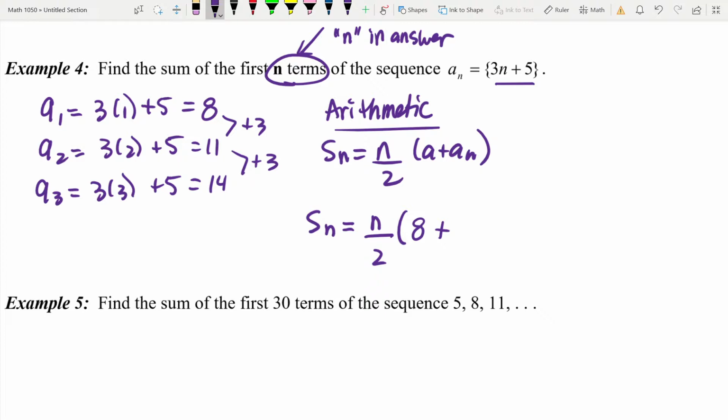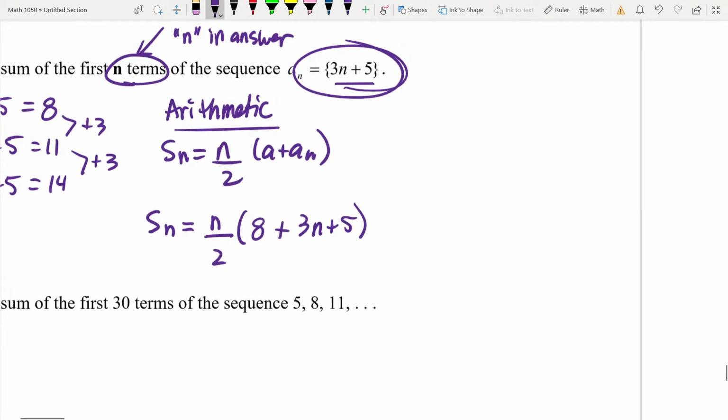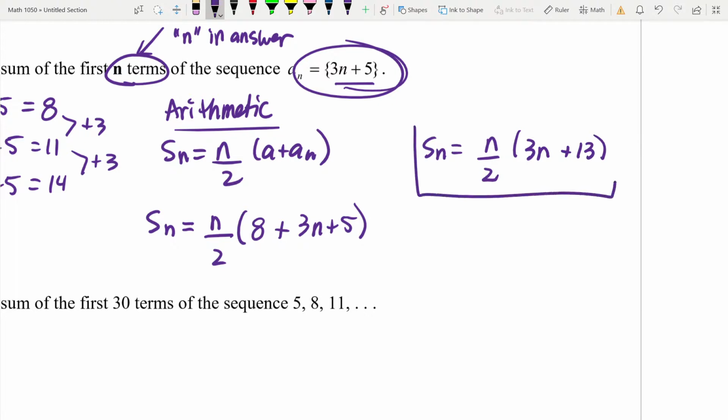Someone tell me what to replace a sub n with. It's right there, right? 3n plus 5. Now let's simplify this. So S sub n is n over 2 times 3n plus 13. And I'm actually going to leave it just like that. That's it.